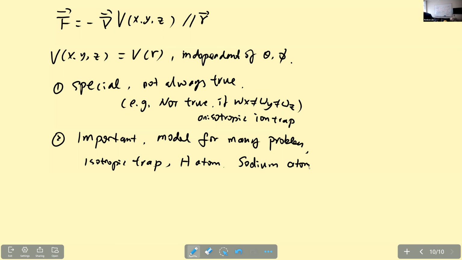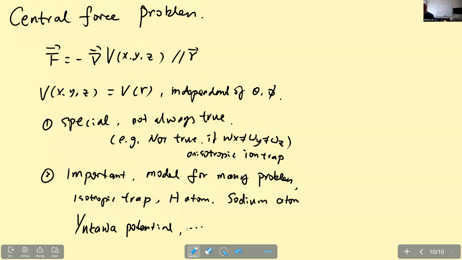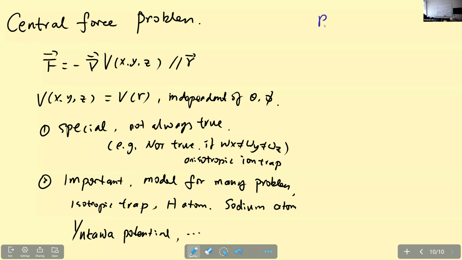Okay, if you look at the electron of the outer shell, okay, it also feels this kind of central force. Right, you can have Yukawa potential, for example. Okay, so there are many cases that this model can apply. Okay, and of course, it has obviously rotational symmetry.